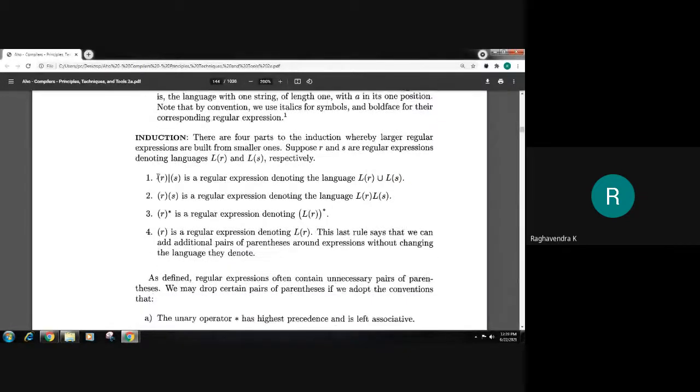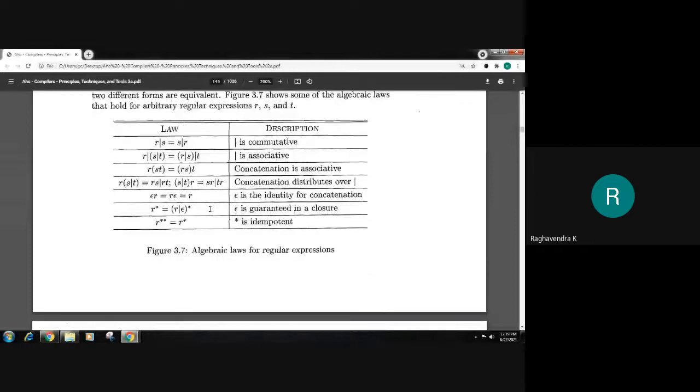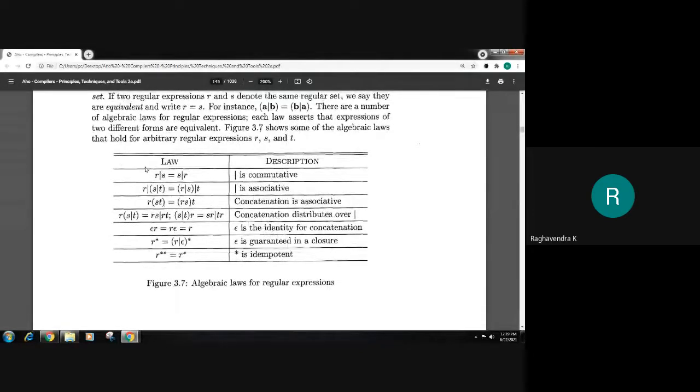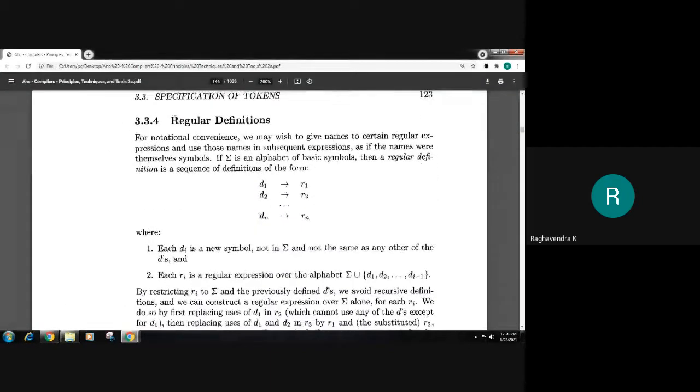We also saw the possible operations on regular expressions, and I believe these were the possible laws: associative, commutative, and so on and so forth, identity rule, closure, idempotent, etc. We had seen all of these things. And we also saw what regular definitions are.